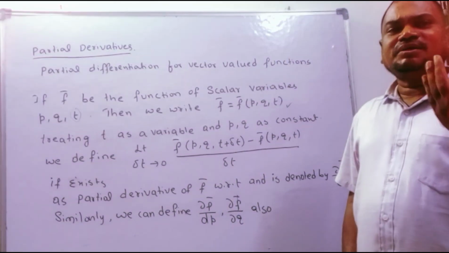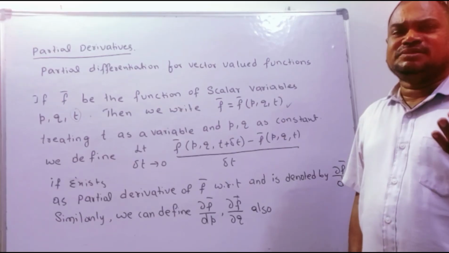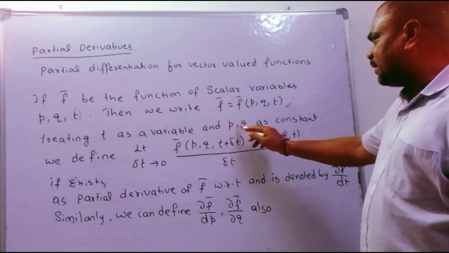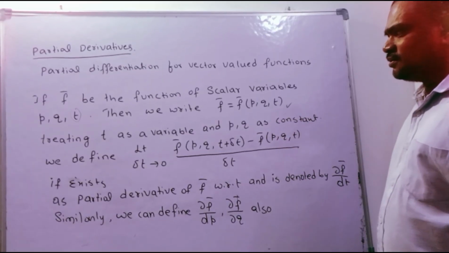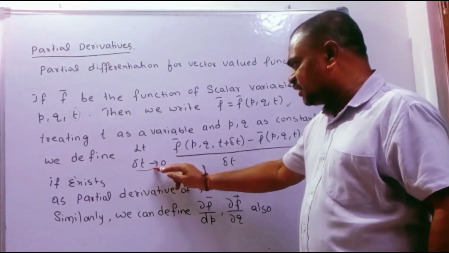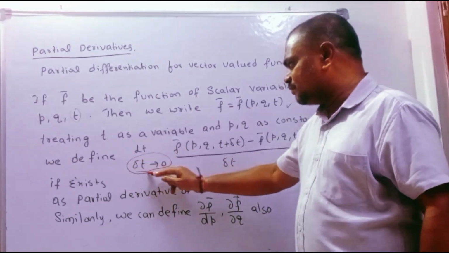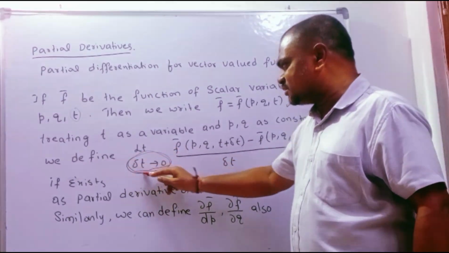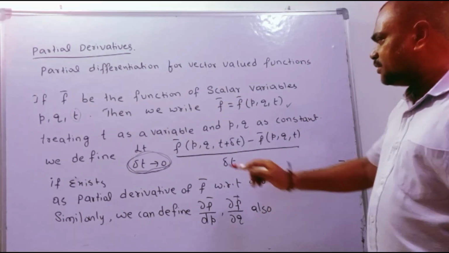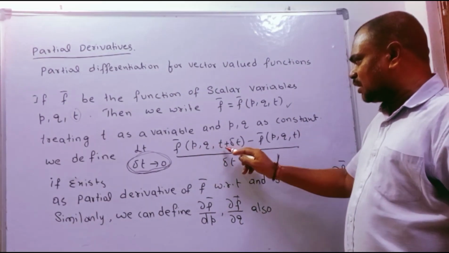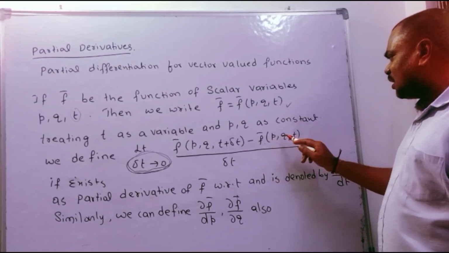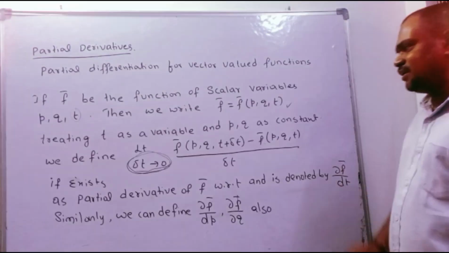We know that the derivative of a constant is 0. So t is a variable and p, q are constants. Then we define the limit as delta t tends to 0, where delta t is a small amount of t, of f bar of p, q, t plus delta t minus f bar of p, q, t, by delta t.